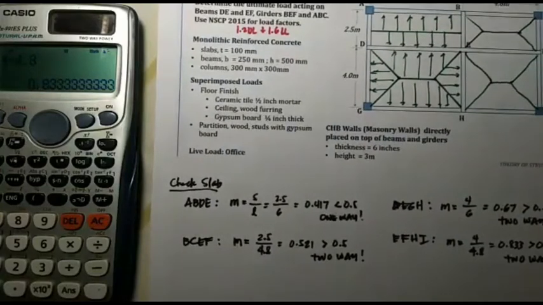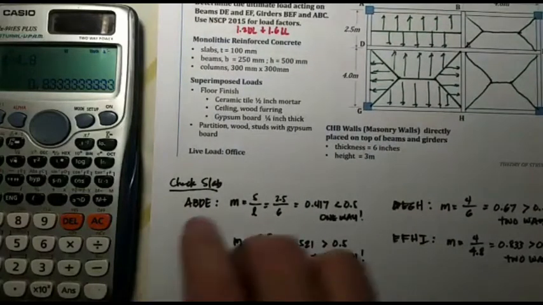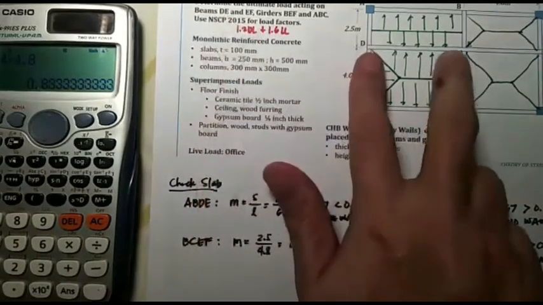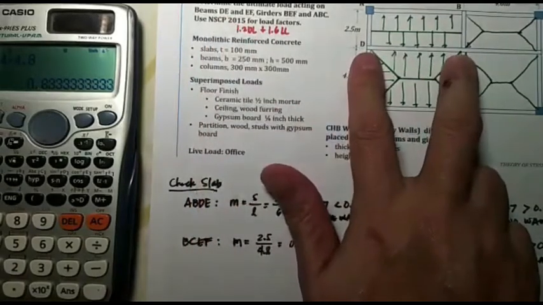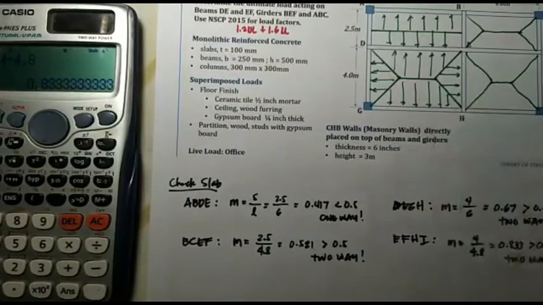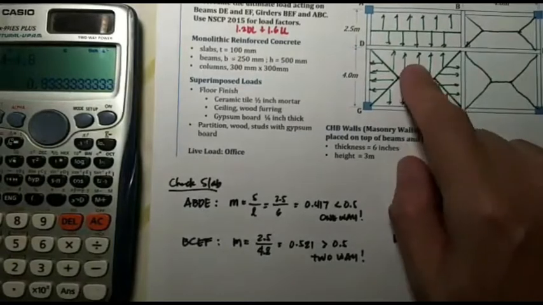Okay, now what's next? We're asked to determine the loadings on DE. Okay, so pagka sa beam DE, ang load niya would be isang rectangular galing dito sa slab na to and trapezoidal load from here.